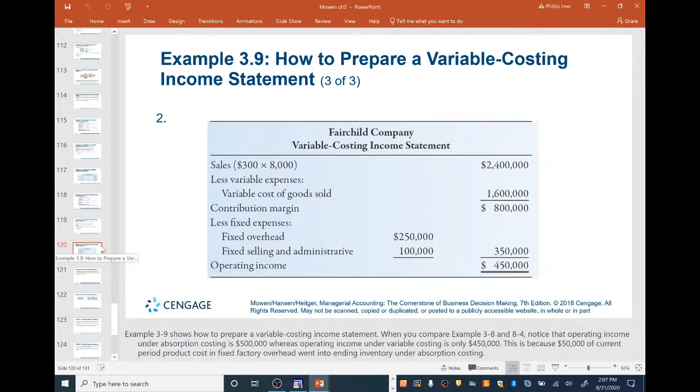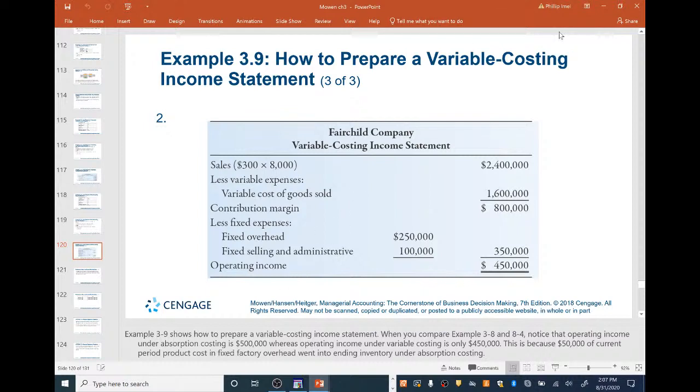So once again, the income statements prepared using either the variable costing income statement or the absorption costing income statement could produce different operating incomes. They're obviously going to produce different operating incomes because the product cost is going to be different. So that's going to throw off our gross profit. So if the gross profit is different, our operating income is going to be different.